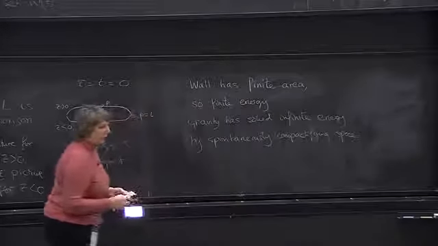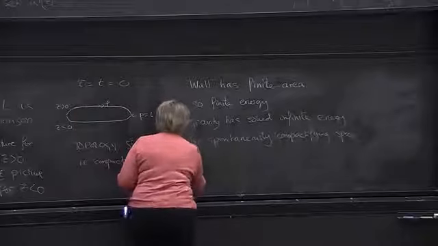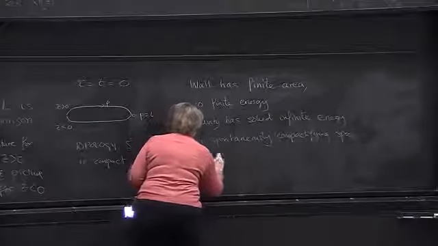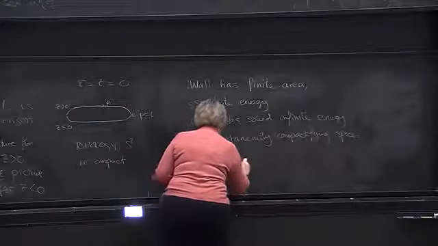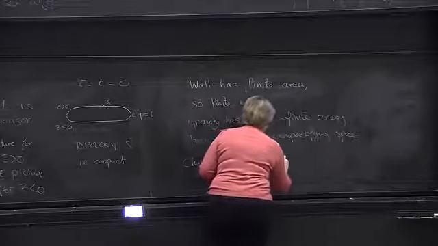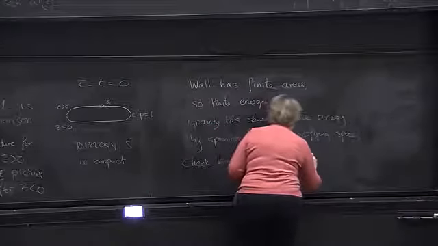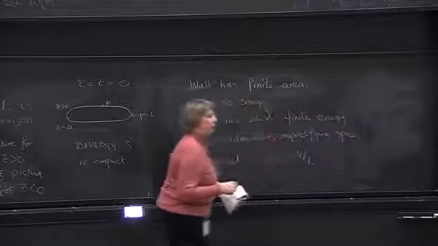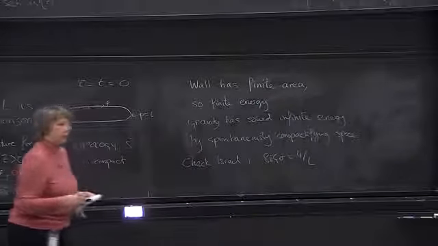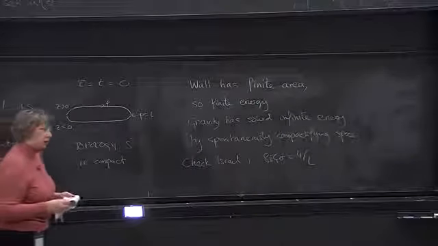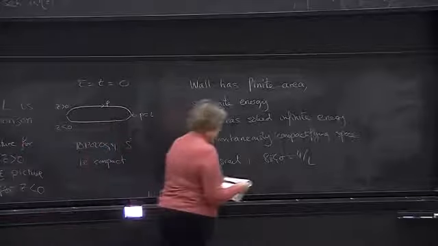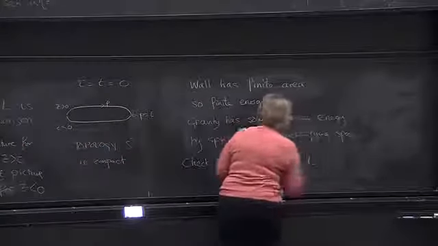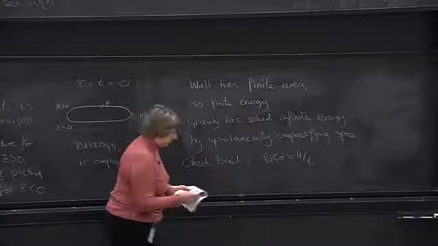So just as a quick check, yesterday we did the Israel equations. And I argued that the extrinsic curvature had to be 4 on L times the induced metric. And so that gives us this relation.